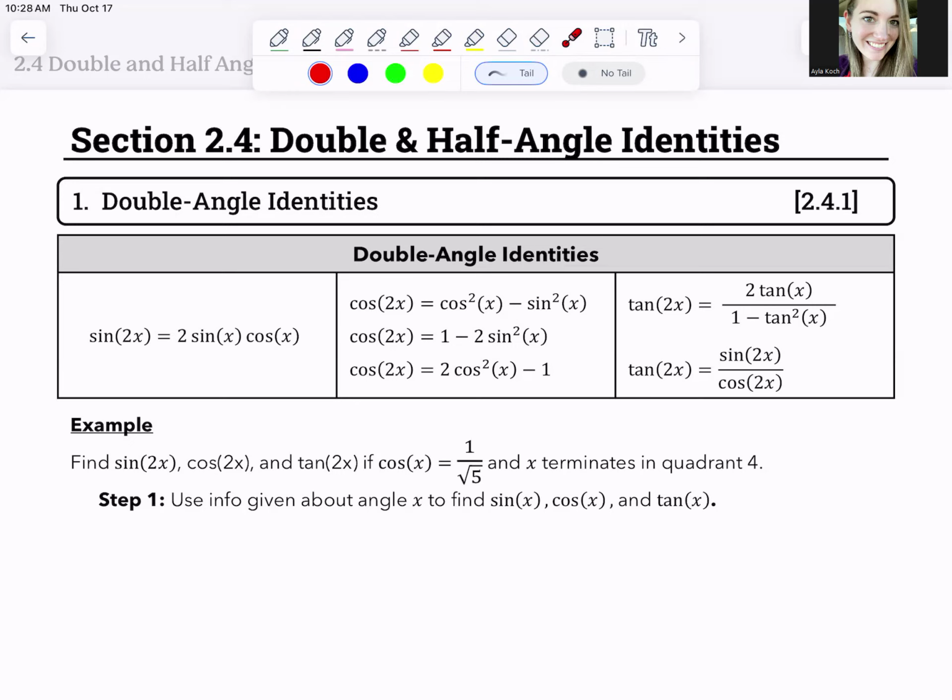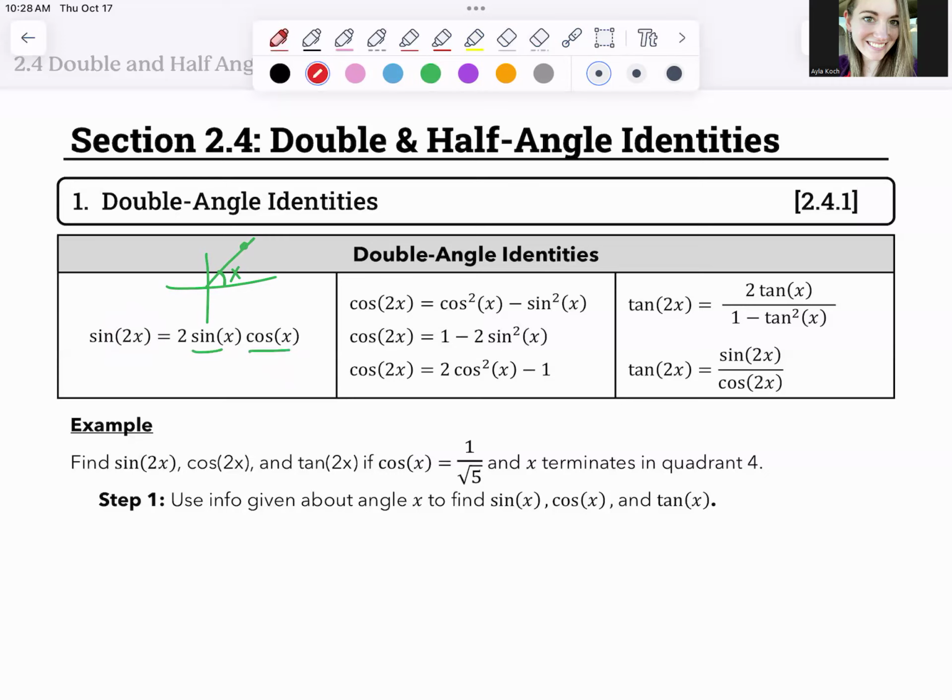The idea with a double angle identity, you can look at their formulas here, you have an angle that is double the angles that go into the formula. So let's say you know some information about this angle right here, this is angle x. Let's say you know the point on the unit circle, so you know the sine value and the cosine value of angle x.